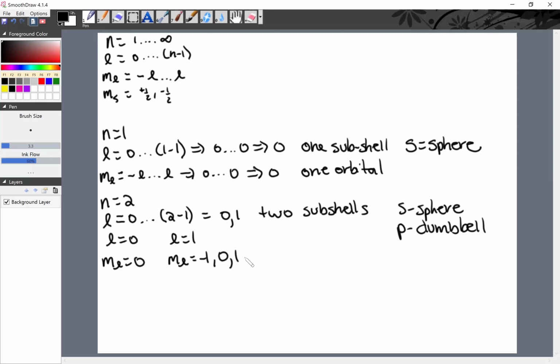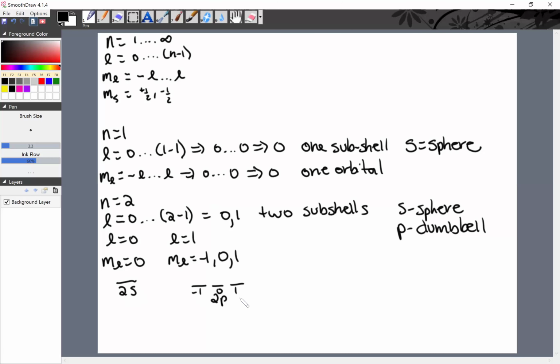That's telling you how many lines to draw. Those are orbitals. So the lines that we use in the orbital diagram are literally the orbitals. And then, of course, the spins can be plus and minus. So this would be called 2s, and this would be called 2p. And if you really want to put a number to it, it's those.